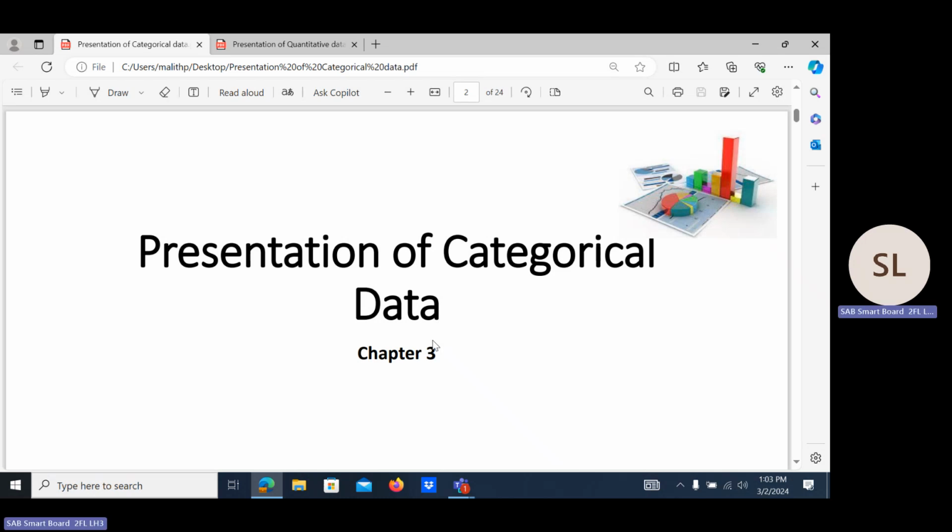Discrete means there are certain specific values. Continuous means there is a gradation between two values of measurements. Examples of discrete random variables: the number of students in a class.